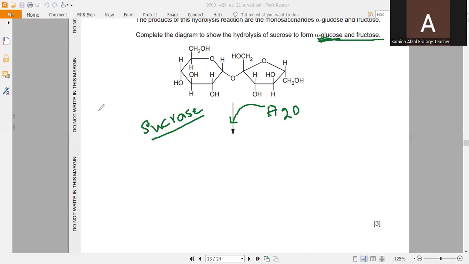You can see the diagram will be like this. They will get separated from each other completely.